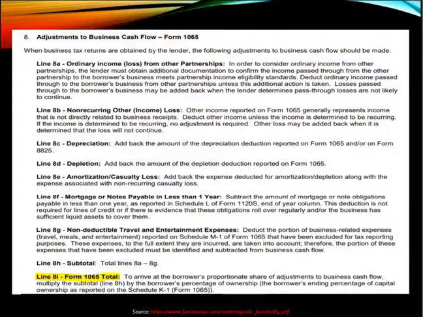And at the end of the 1084 cash flow analysis, there's details for each line. And on line 8I on the 1084, it will give you your borrower's proportionate share of adjustments to business cash flow, which will be multiplied by their percentage of ownership.